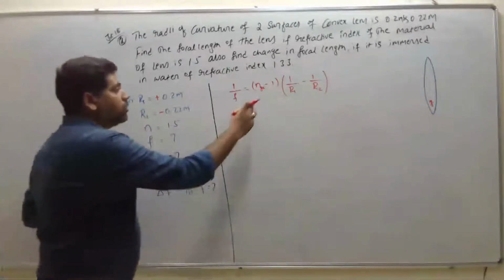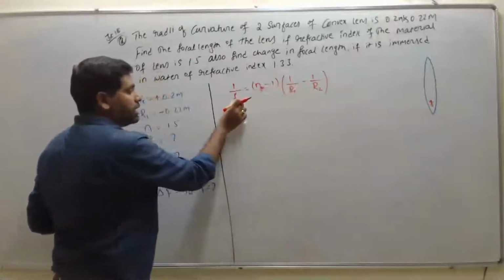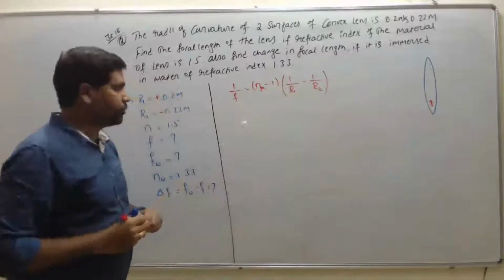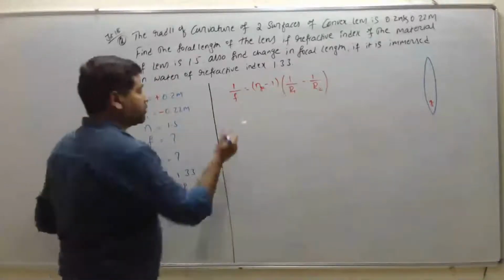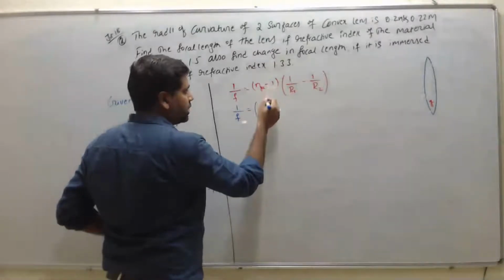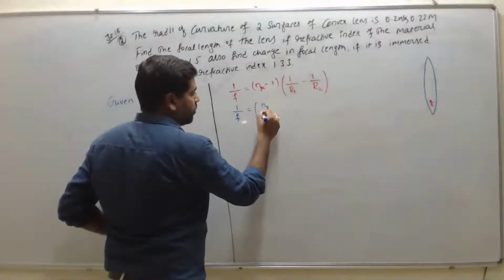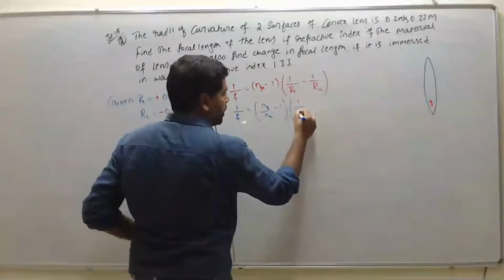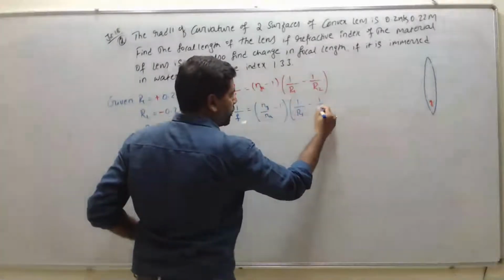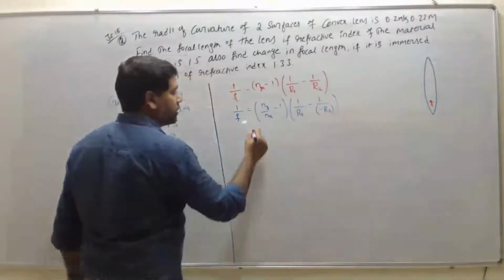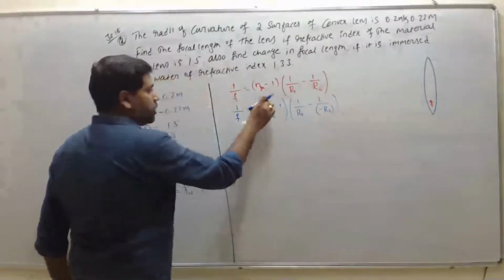So here we know all these values, we can easily calculate the focal length, that is 1 by F equals (Ng divided by Na minus 1) into (1 divided by R1 minus 1 divided by minus R2) from the sign convention. So we know the values.